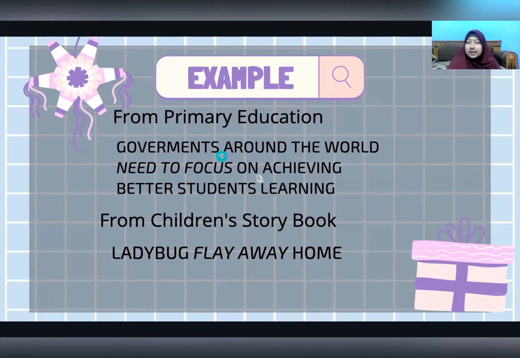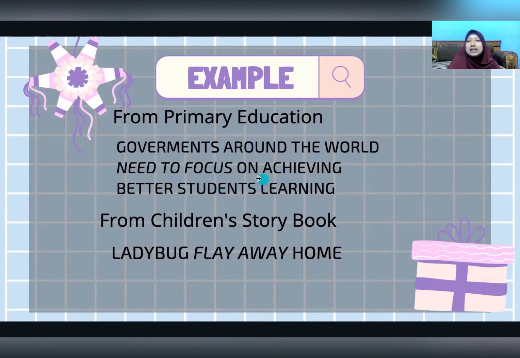Need to focus, with need as the verb and government as the subject. This sentence includes the simple present tense because it is a command or instruction to governments around the world to focus on achieving better student learning.